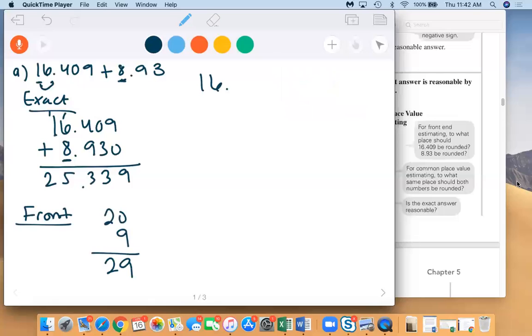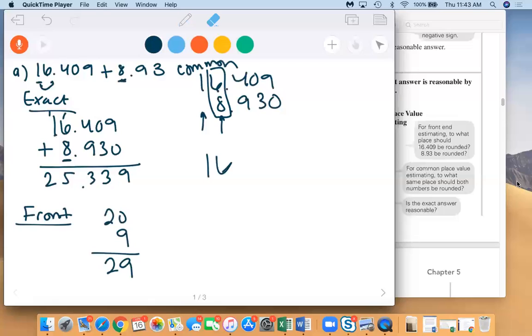We have 16.409 and 8.930. Do they both have a tens place? No. Do they both have a ones place? Yes. So that's where we're going to round, this is for common place. Okay, so we're going to leave that 1 there, that 6, the 4 after it rounds it down to a 6, right?